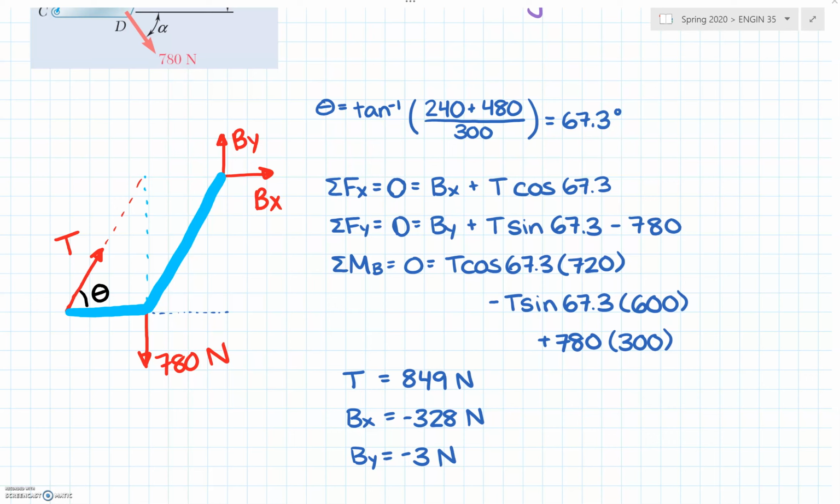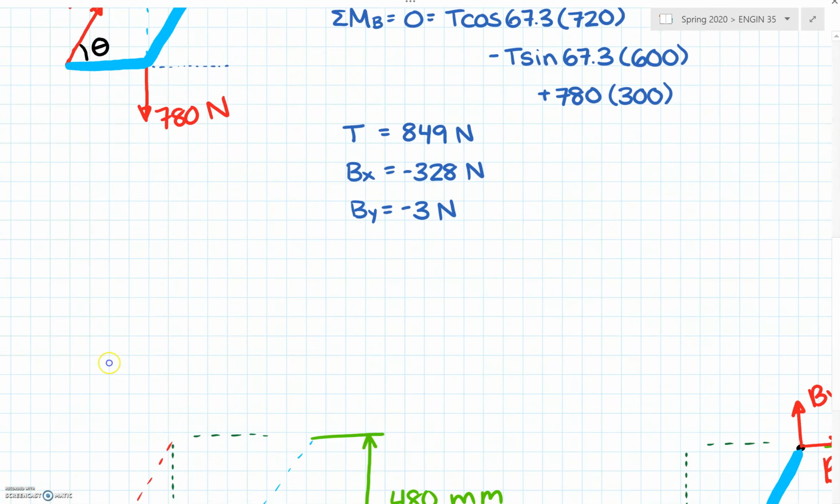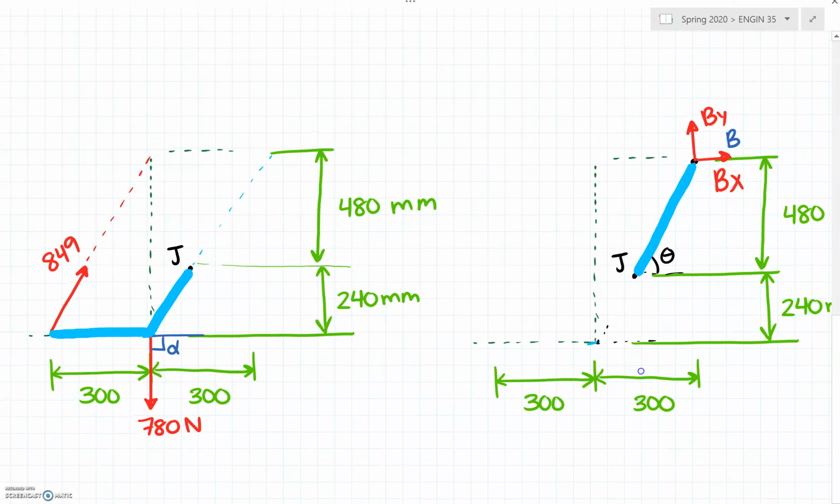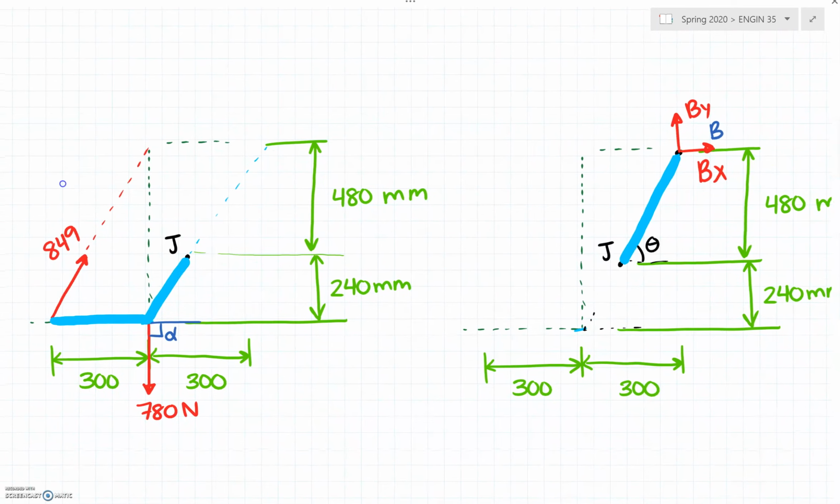Now I'm ready to start looking for my internal forces. Here I've drawn two free body diagrams.